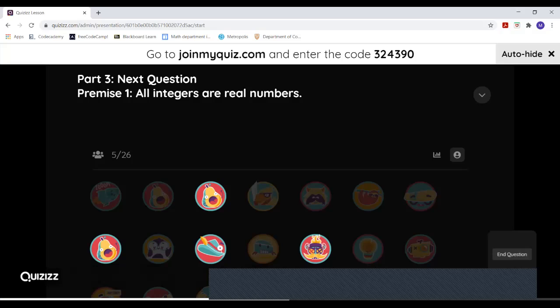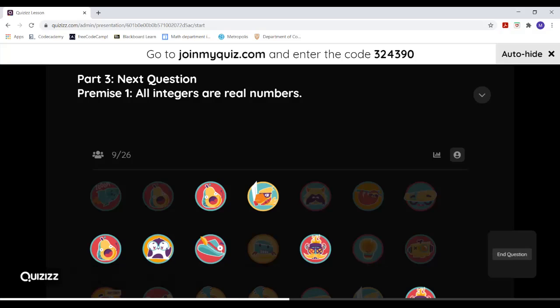All right, so now where are we? We are here, and the second argument says, all integers are real numbers. So we want to convert this to an if-then statement.